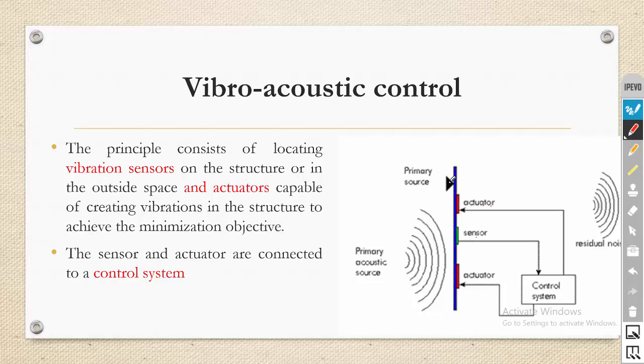In that case, it will produce a high amount of noise. The noise is produced because of vibration, so to reduce the noise, the actuators and sensors are connected to the outside part of the space shuttle, and they control the noise produced by the space shuttle.